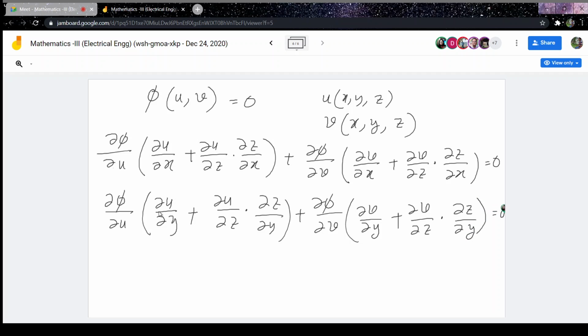Okay, so I can simplify by writing del z del x as p in place of this. So I will get, okay, I am just eliminating here, just removing.